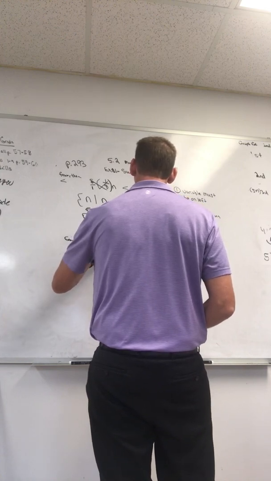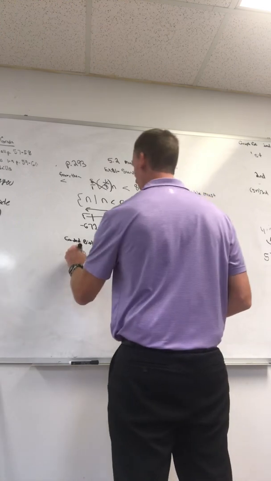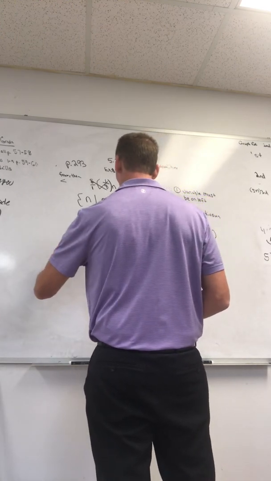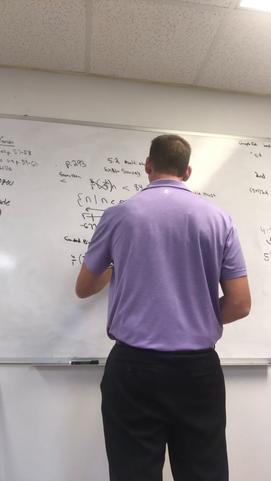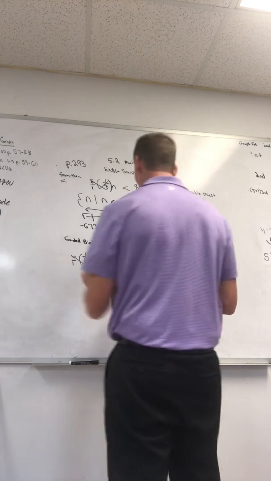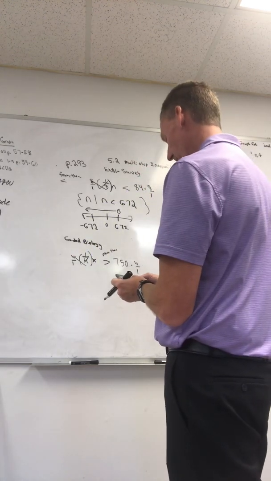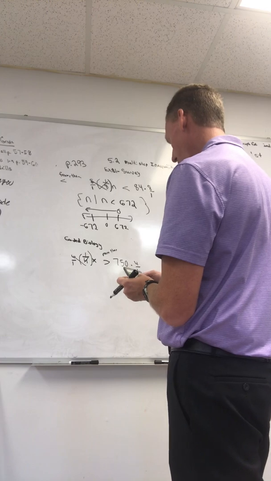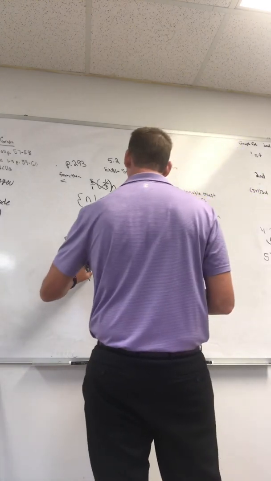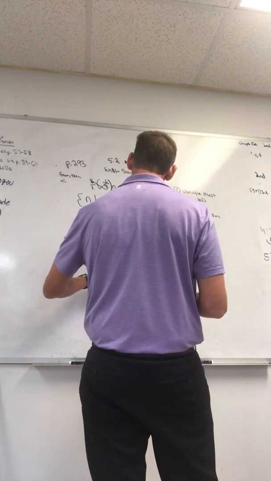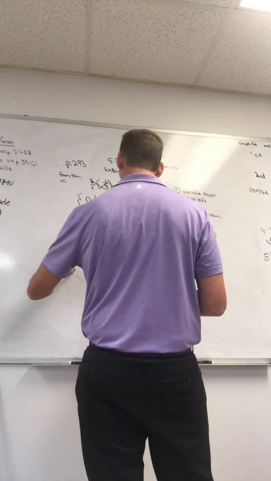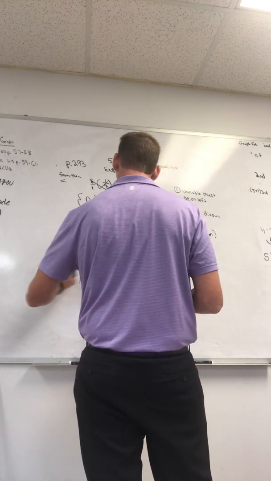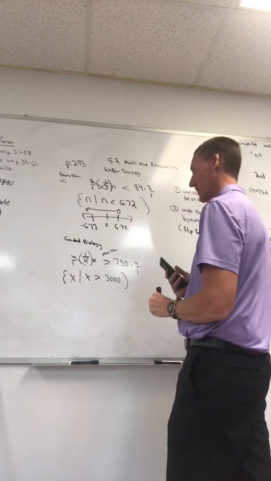Okay? More than means greater than. So again, it's a fraction, 1/4. Multiply it on both sides. Cancel. And then we're going to say 750 times 4. And x is greater than, it's more than 3,000 species altogether. Okay, that's the total number of species.